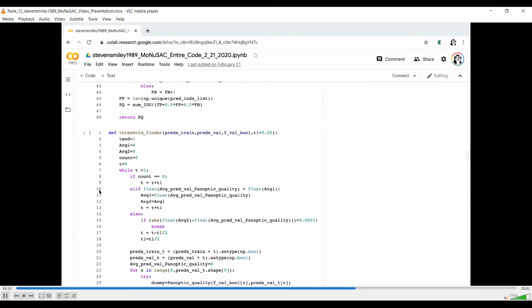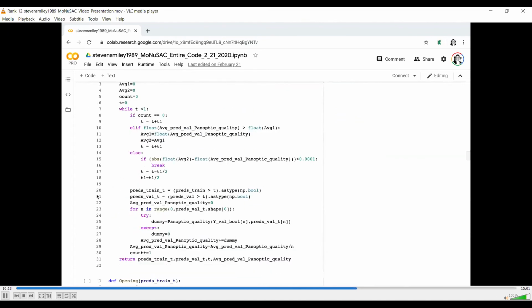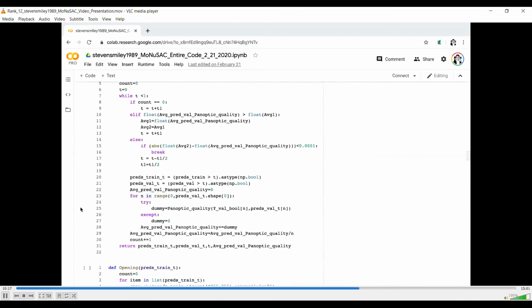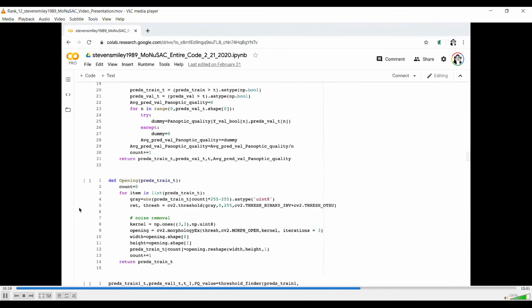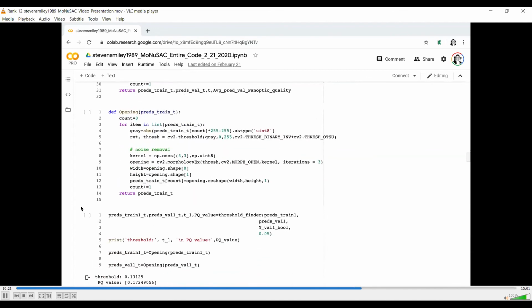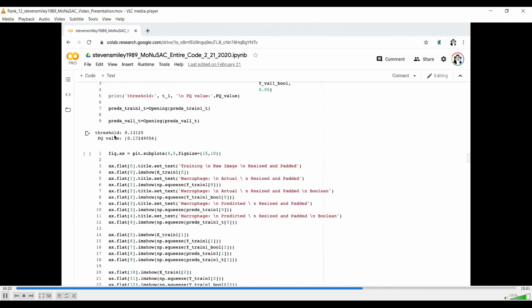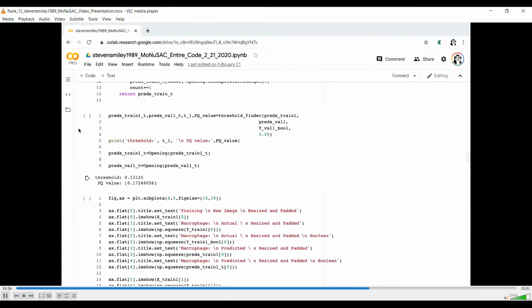This threshold finder that I put together just did a search to see the appropriate threshold based on the training images. You can see the threshold of 0.13 optimized the training for macrophages to a PQ panoptic quality value of 0.17. And that is just for the semantic segmentation at this point in the code.